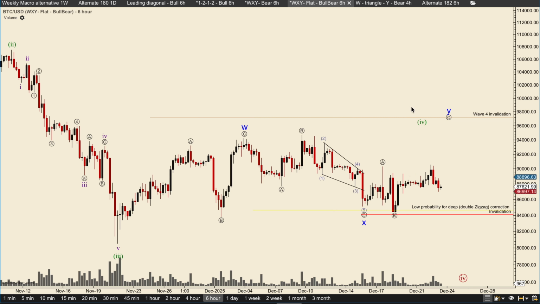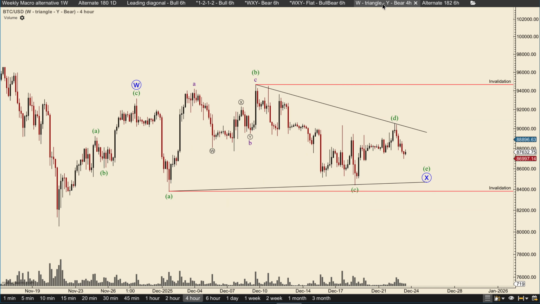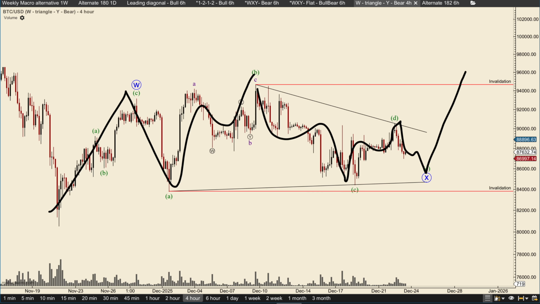And this also touched the low probability for deep double zigzag, meaning that it is a higher probability of this being a flat than it is a zigzag moving up. And also this, the triangle, W, A, B, C, D, E, and we move up.